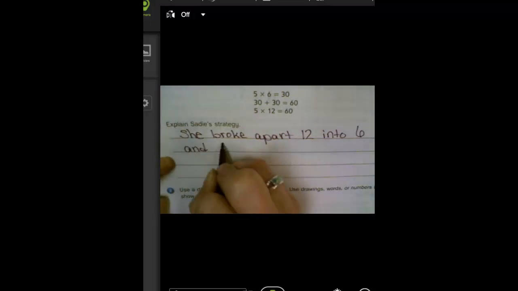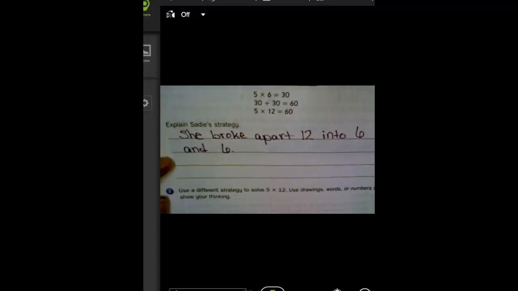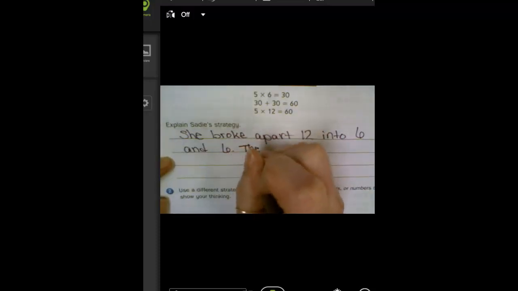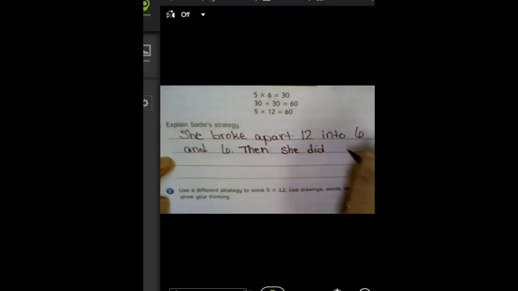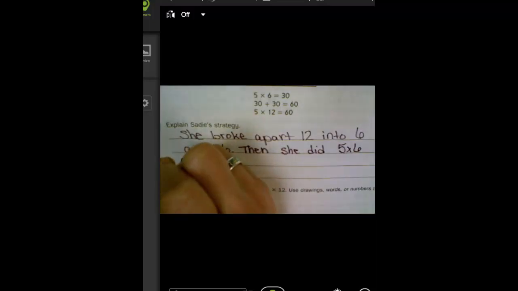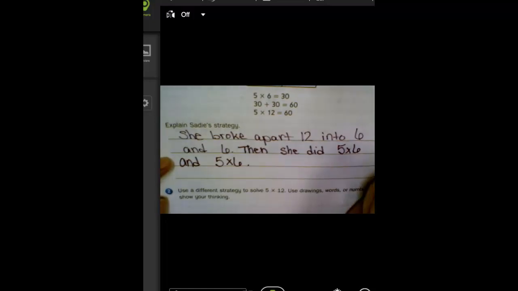She broke apart 12 into 6 and 6. Then she did 5 times 6 and 5 times 6.